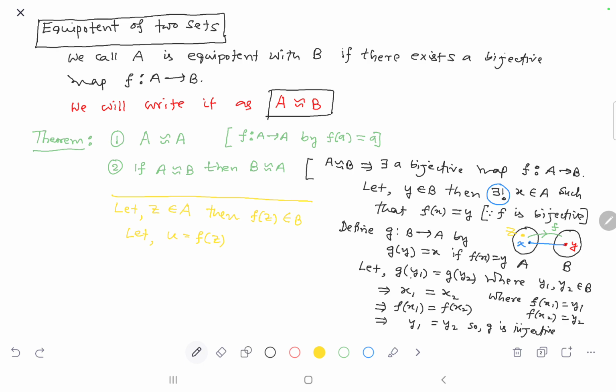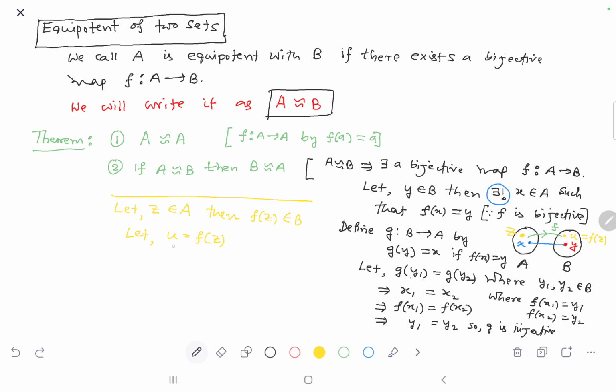We're just considering u. So here you get u, given by f of a. Now see what we want. We want an element in the set B that maps to the element a by the new map g, right?